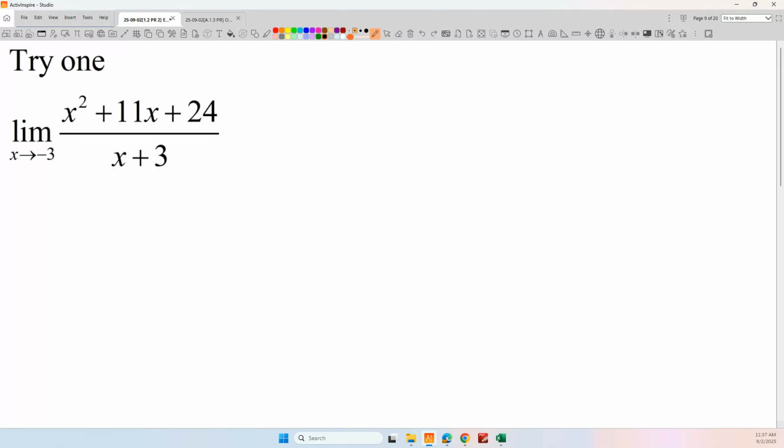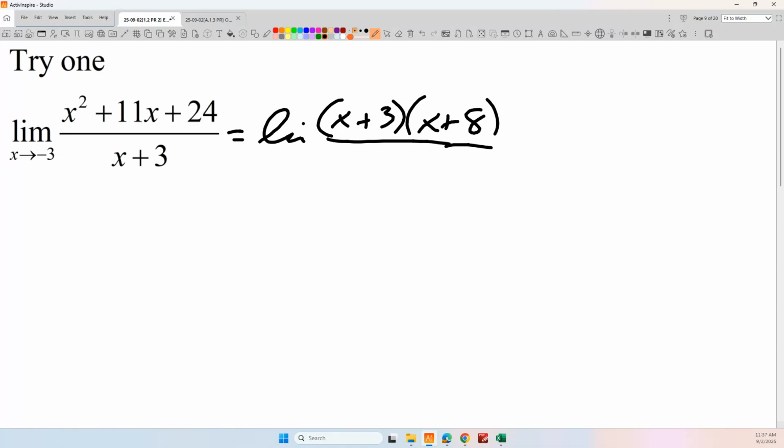So the next step is not to factor this stuff. Well, it is, but it's still inside a limit, right? So this would be the limit of x plus 3 times x plus 8 over x plus 3 as x approaches negative 3. Now technically, the next step would be, these cancel, the limit of x plus 8 as x approaches negative 3.